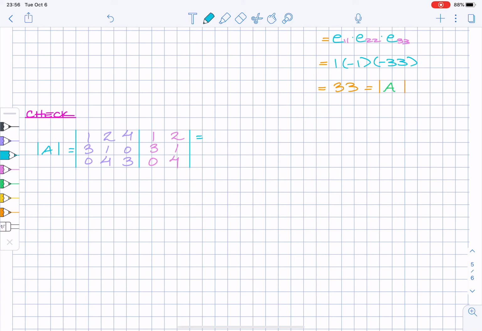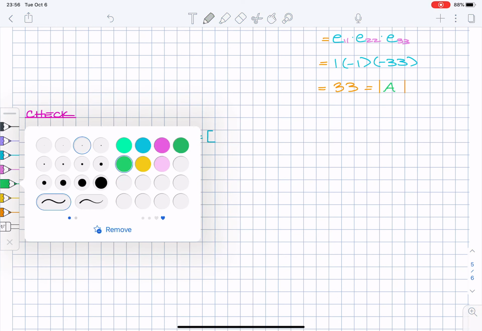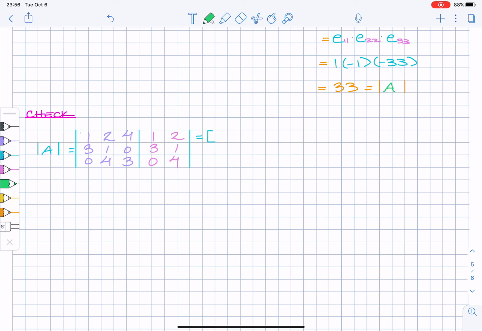So let's see what we get. If we take the product of all the main diagonal entries, let's do that in green. That will have 3 plus 0 plus, what's that, 12 times 4? It's 48.